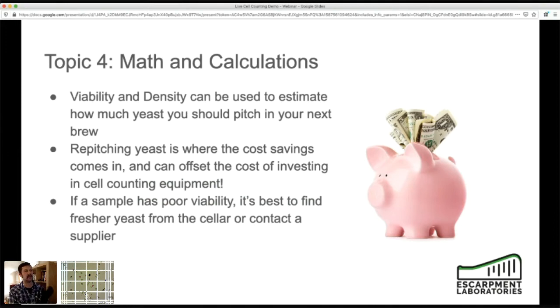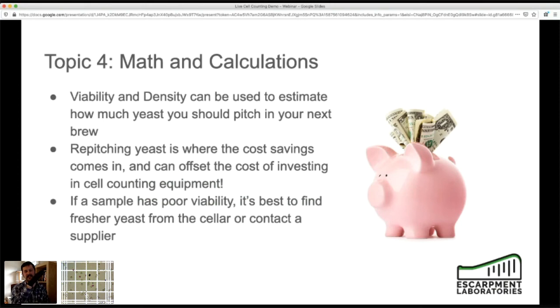Something to do here is try to do your counts far enough in advance that you're not freaking out and rushing around trying to find better yeast. It also gives you time to have your supplier ship the yeast to you. Another thing to do is, every time you do a harvest, track it somewhere so you can monitor your trends.